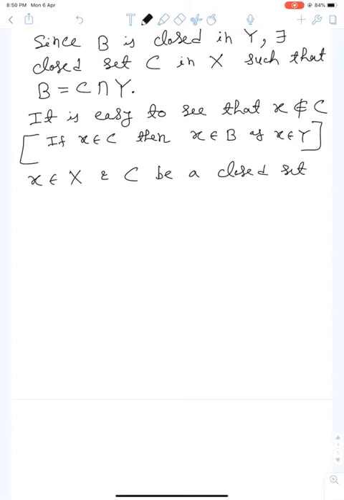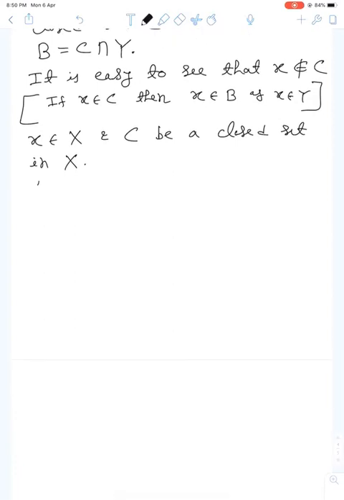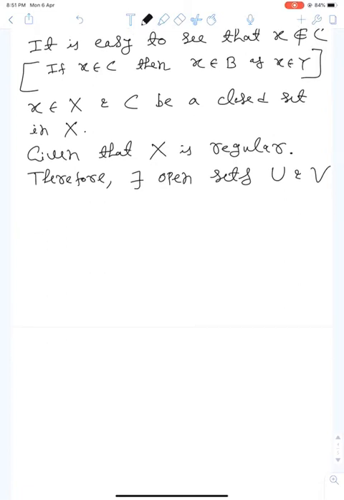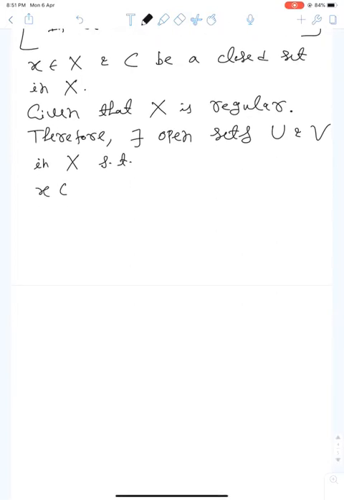But given that X is regular, therefore there exist open sets U and V in X such that x belongs to U, C is a subset of V, and U intersection V is empty.